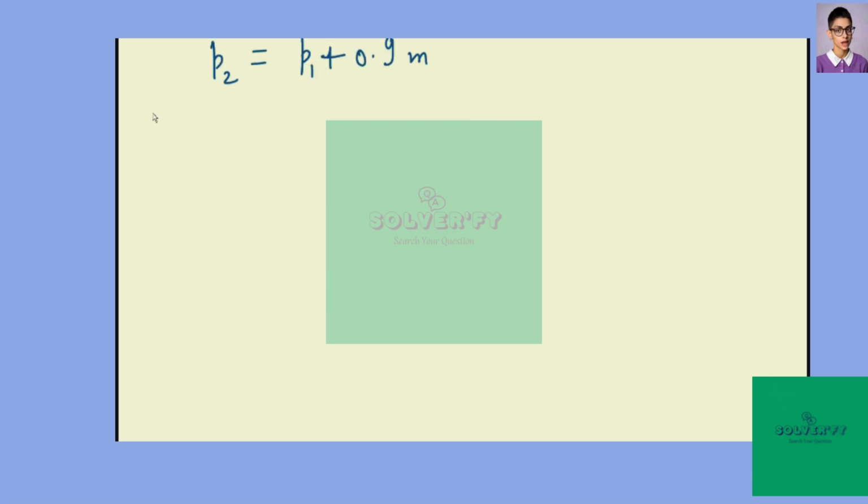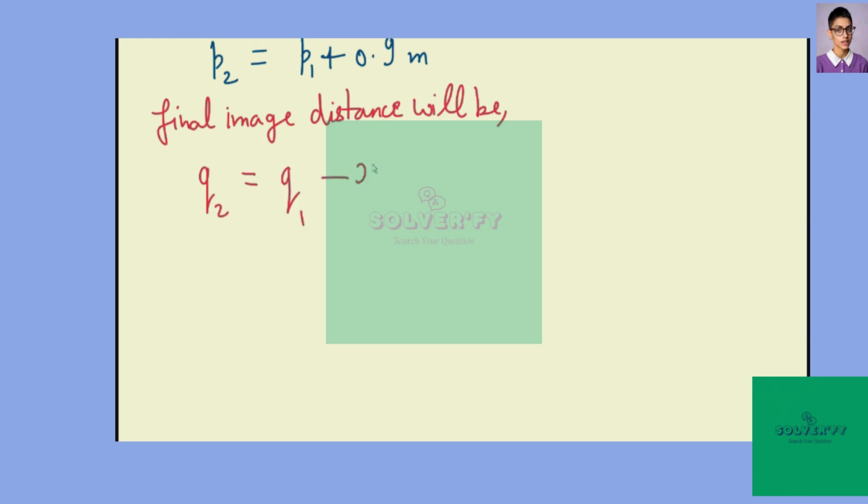Now similarly, the final image distance will be Q2 equals Q1 minus x.